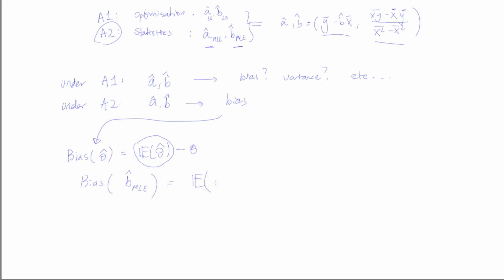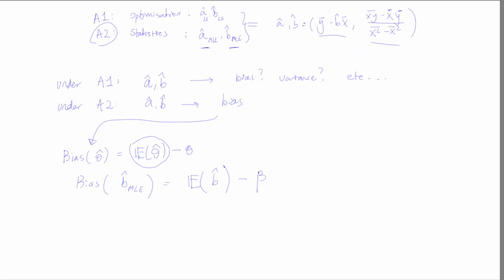Okay, well, it's equal to the expectation of B hat, I'm just going to write B hat to save myself some time, minus the true parameter, which I'll call B. The true value is B, because remember what we assumed: yi given xi is A plus B xi with variance sigma squared.